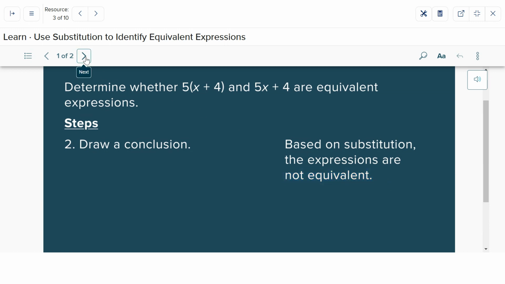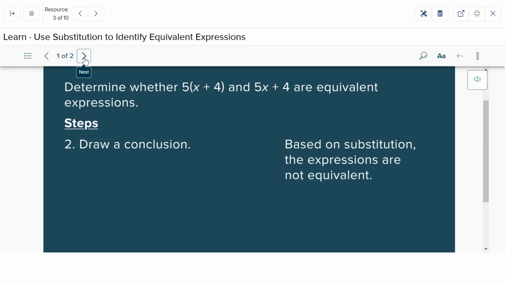All right, you may have noticed that it said in the ones where it appeared to be equivalent that they specifically didn't say they're definitely equivalent. I'm talking about the first example, not this one that's not equivalent. Sometimes two substitutions is not enough and you might just get lucky and happen to get two where they are equivalent. But for the most part, it is going to be okay to just use two.